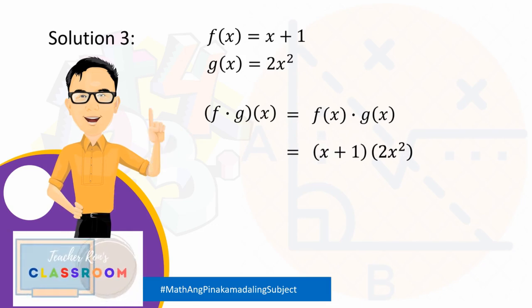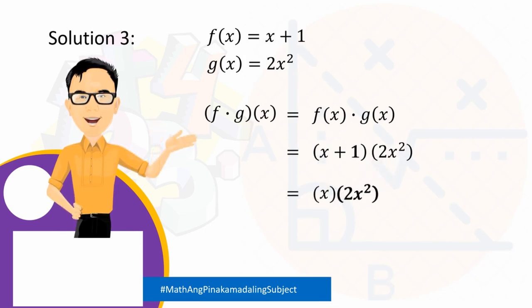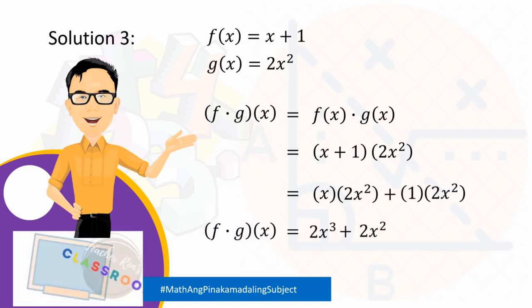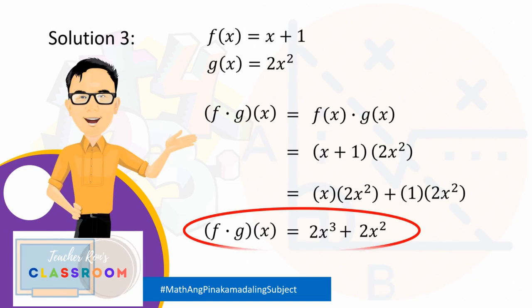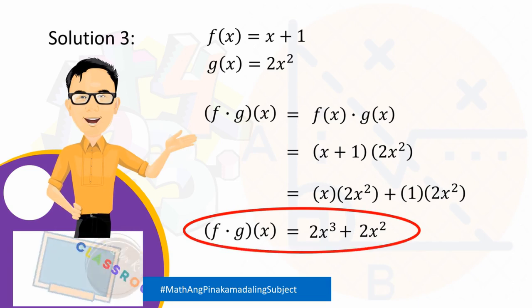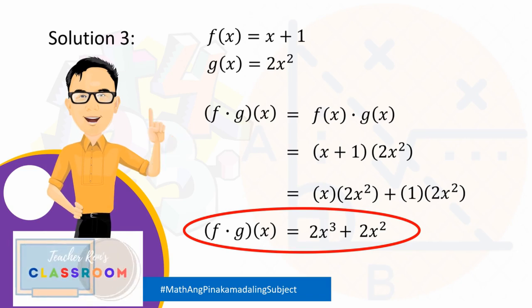X plus 1 times 2x squared equals x times 2x squared plus 1 times 2x squared. X times 2x squared equals 2x cubed. 1 times 2x squared equals 2x squared. Therefore, f times g of x equals 2x cubed plus 2x squared.